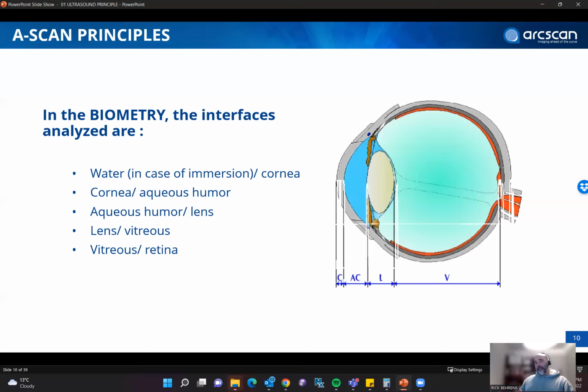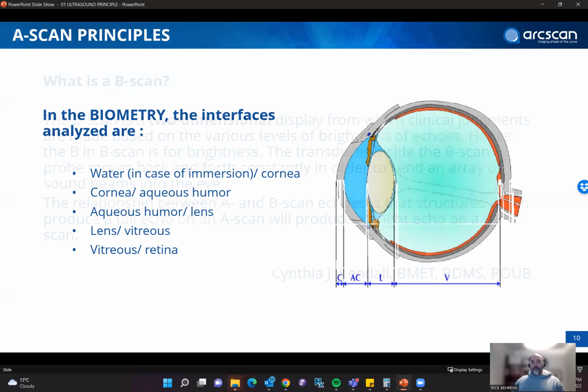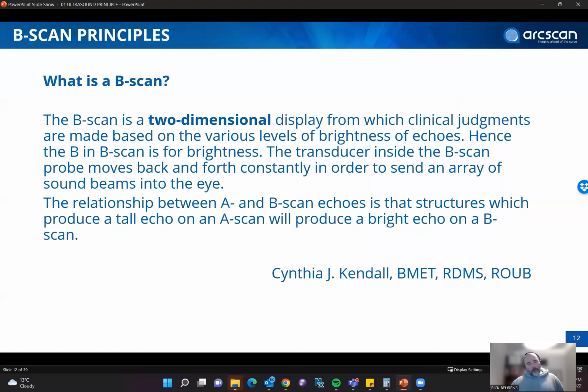In an A scan, you will only have one line and you analyze one line, which is a little bit different when we're talking about B scan. B scan is two-dimensional, but there are a lot of different scans, a lot of different images, a lot of different A scans.